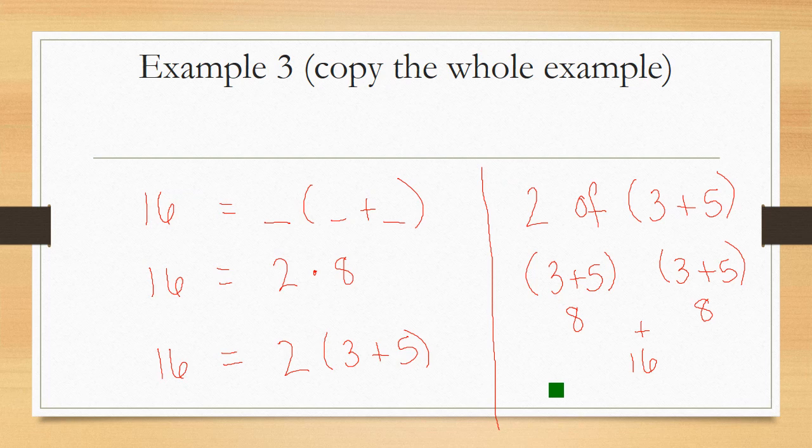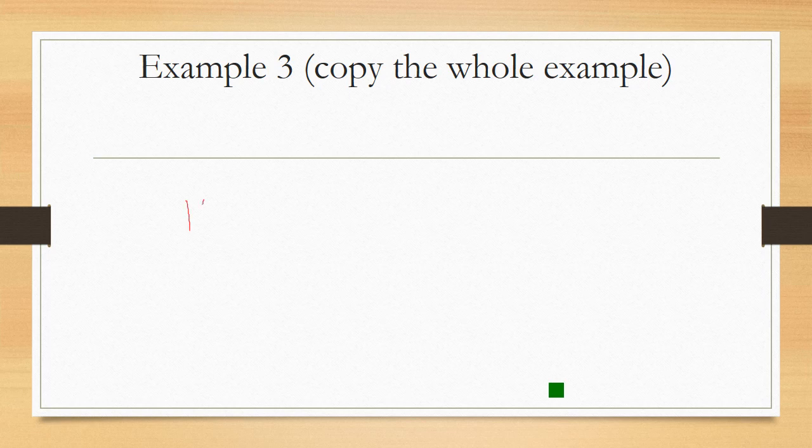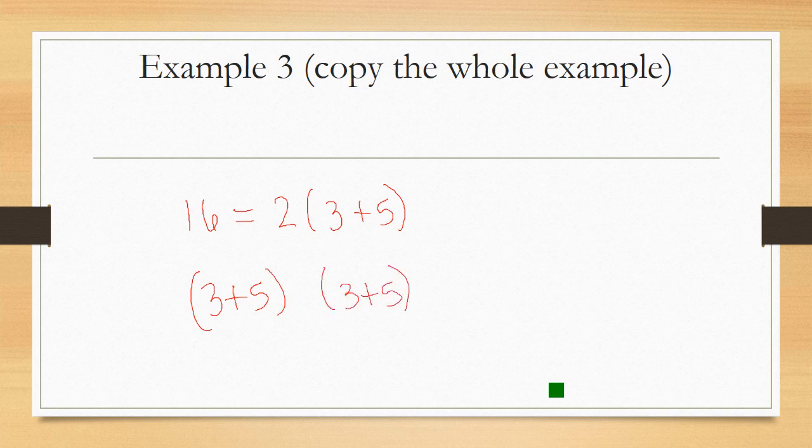The other thing that this tells me is, I'll rewrite my distributive property here. If I have a 3 plus 5 and a 3 plus 5, that means I have 2 3s, 1, 2, and I have 2 5s, 1, 2.